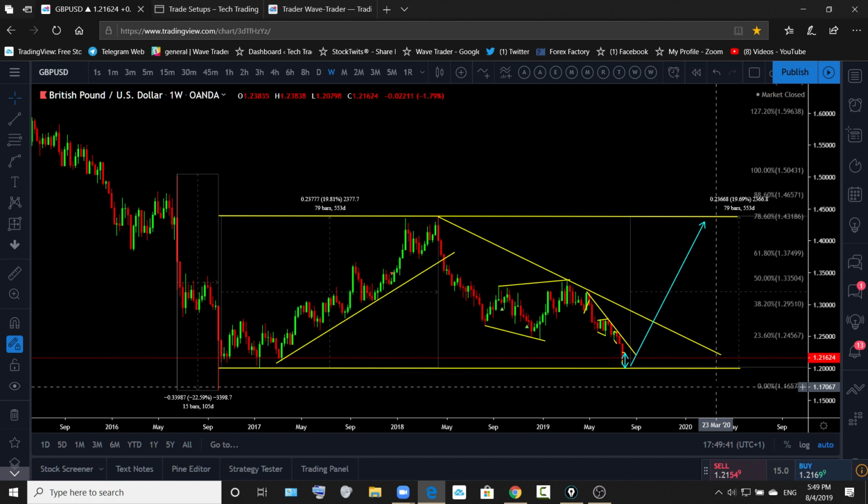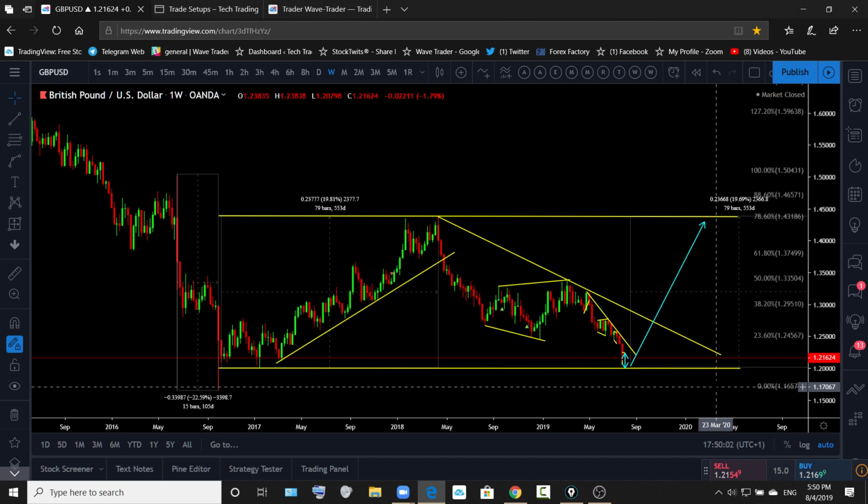Everyone is waiting for that moment, when this Brexit issue is over and they start buying pound. Definitely it will go up. It's a matter of time when.